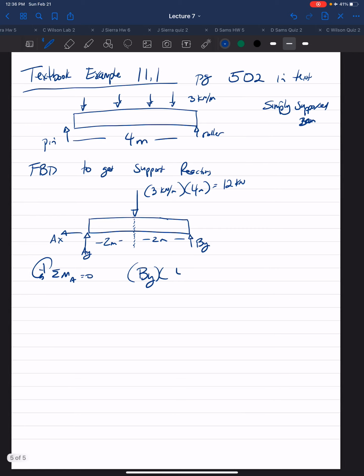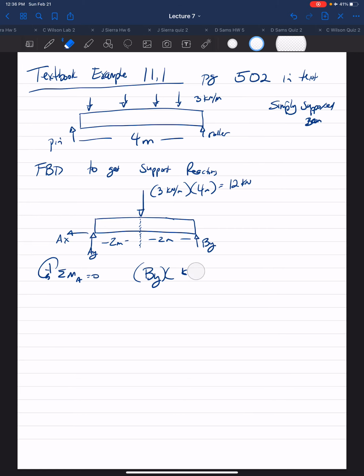You have BY times 4 meters minus your 12 kilonewton resultant force times 2 meters equals 0. BY is 6 kilonewtons.